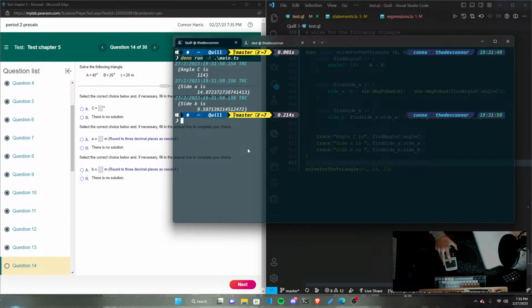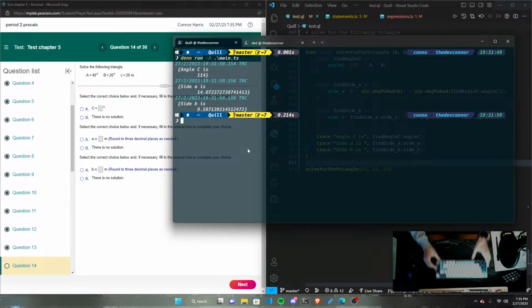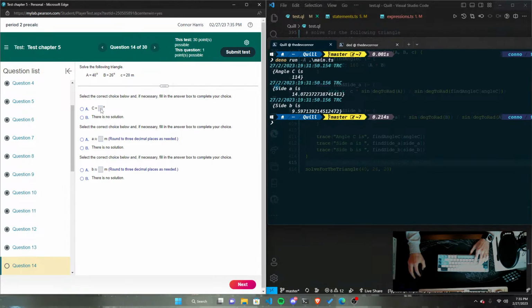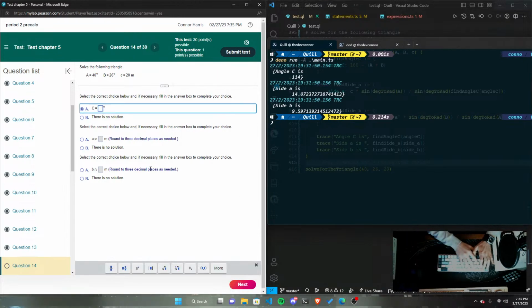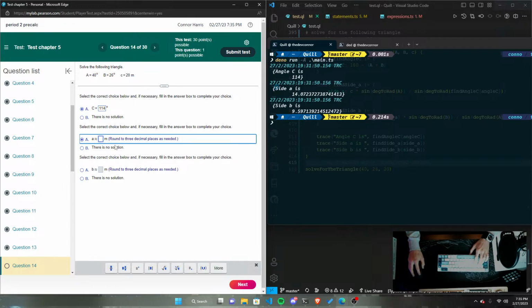Alright, cool. Awesome. So our math here is correct. So let's add that to our thing here. So C is 1/4. Angle A, round to 3 decimals.